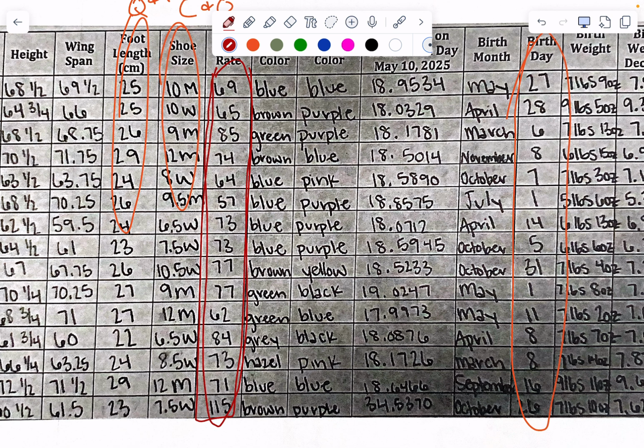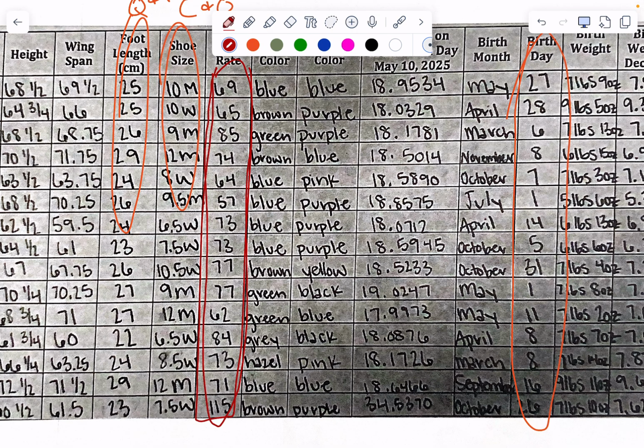69, 65, 85, 74, 64, 57, 73, 73 again, 77, 77 again, 62, 84, 73, 71, 115.